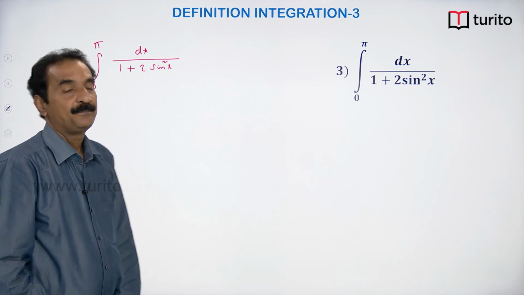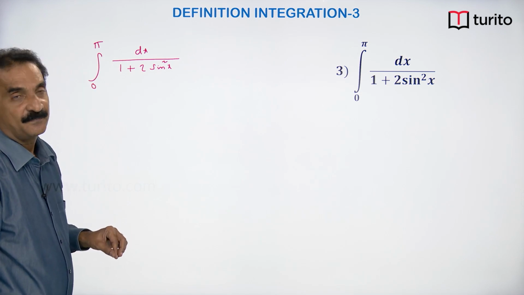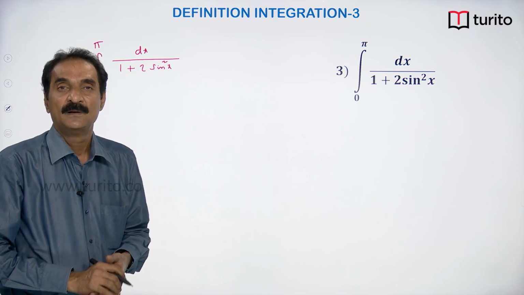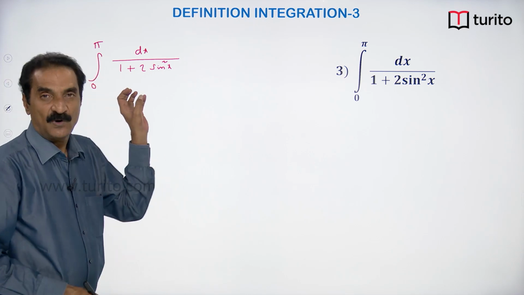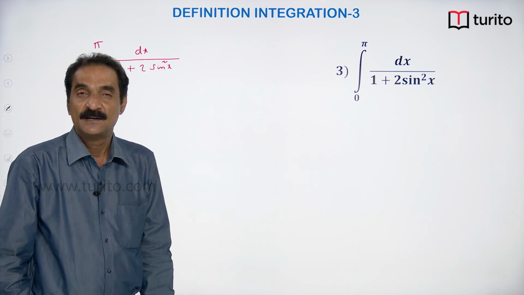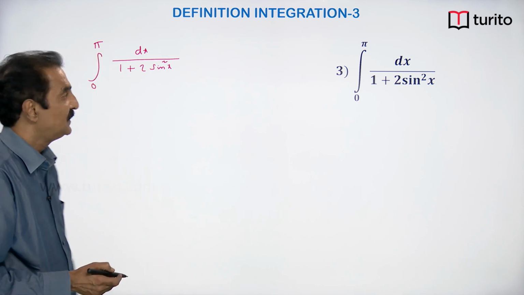Here, replacing x by pi minus x, it remains the same, so no use of the property. In indefinite integration, what is the standard method to integrate 1 by a plus b sin square x? We have to multiply and divide by secant square x.